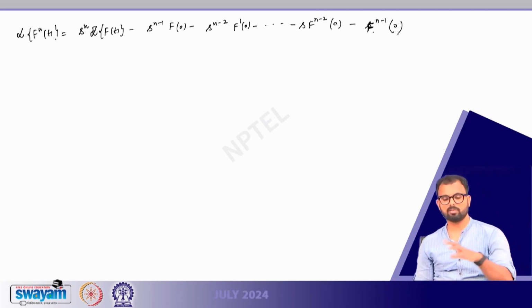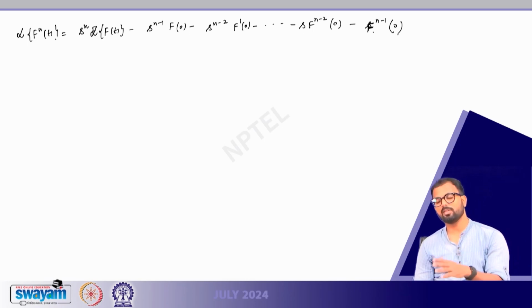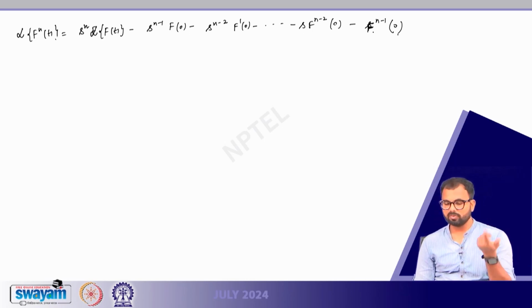As you can see, it is sort of like a polynomial in s, not exactly a polynomial because we do not know what L of f(t) will be, but kind of like that, because you have s to the power n, s to the power n minus 1 and so on. If you substitute n equals 1, it becomes s L of f(t) minus f(0), exactly like the previous one.